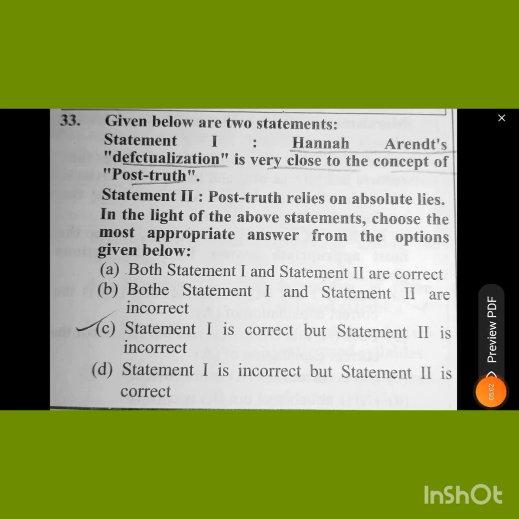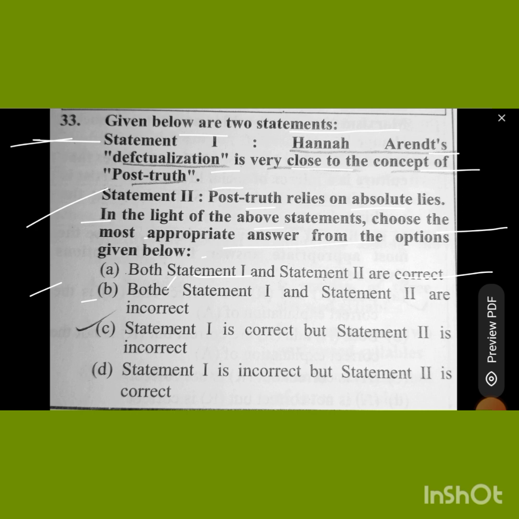Now question number 33. Given below are two statements. Statement 1: Hannah Arendt's defactualization is very close to the concept of post-truth. Statement 2: Post-truth relies on absolute lies. In the light of the above statements, choose the most appropriate answer from the options given below. Option A: both statement 1 and 2 are correct.